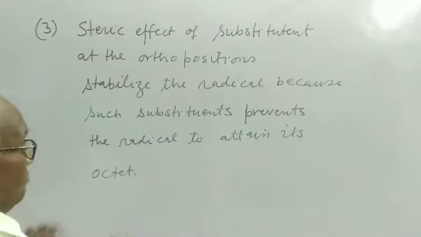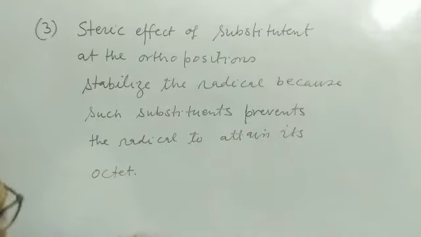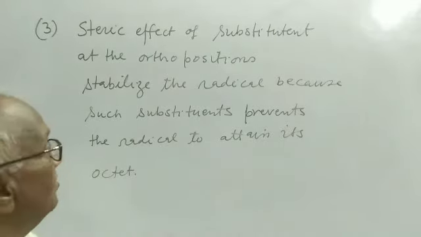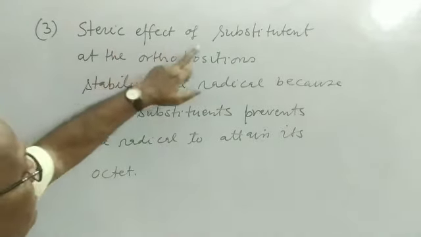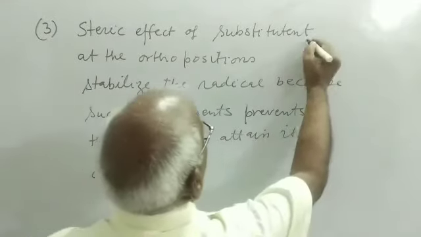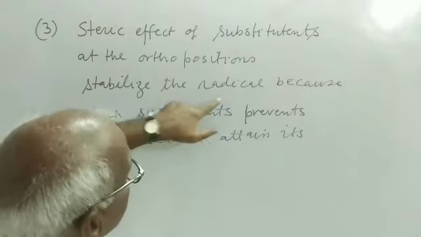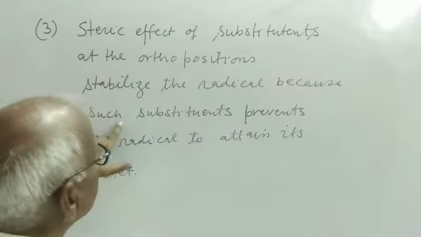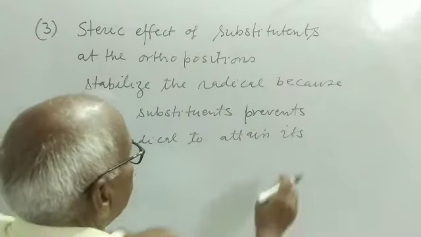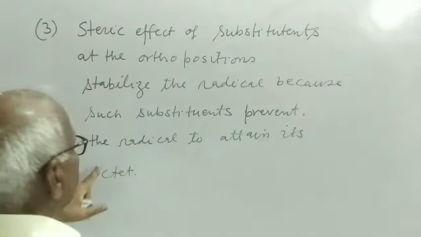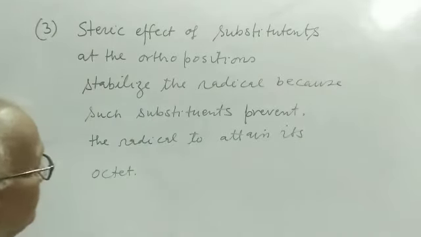You know that when the octet is complete, then the molecule becomes stable. So the steric effect of substituents at the ortho positions stabilizes the radical, because such substituents prevent the radical from attaining its octet.